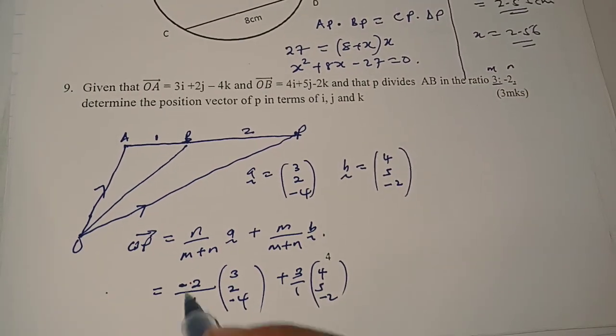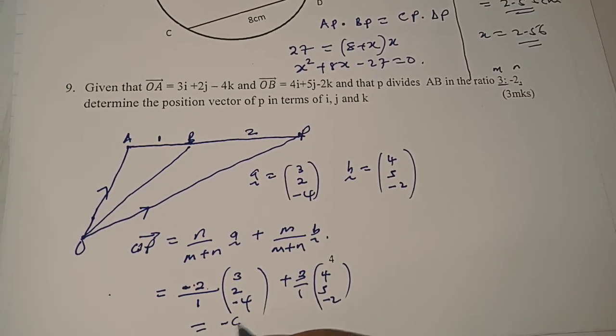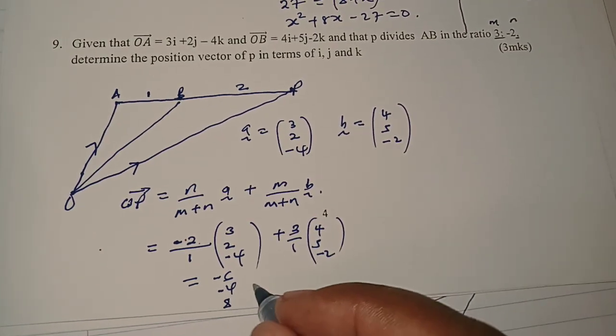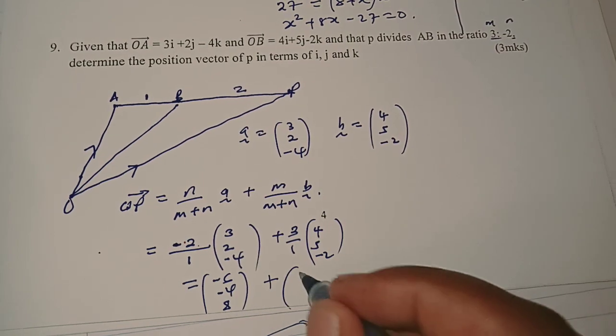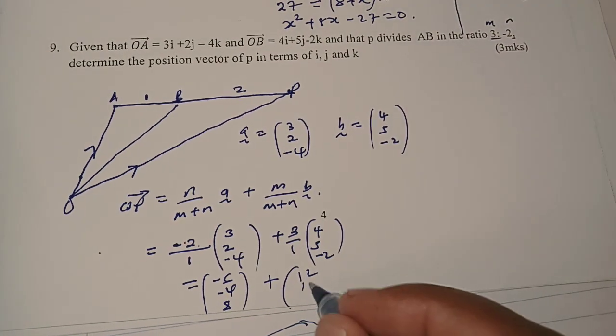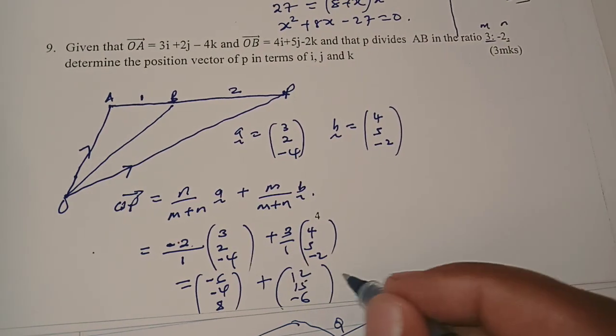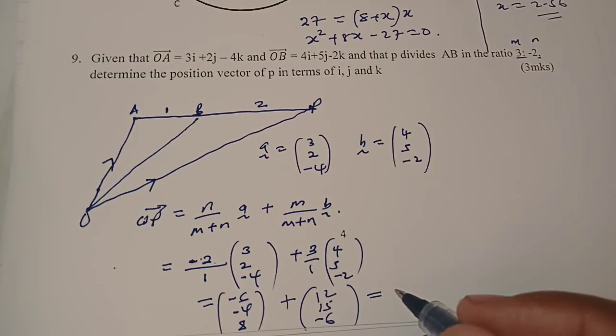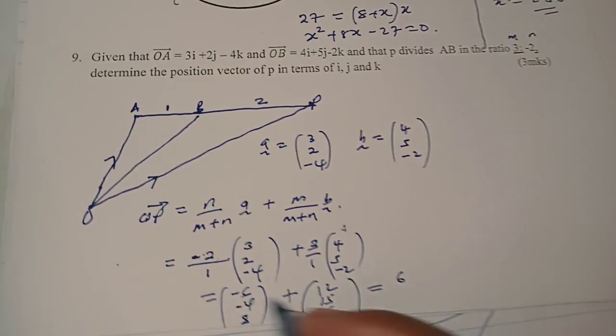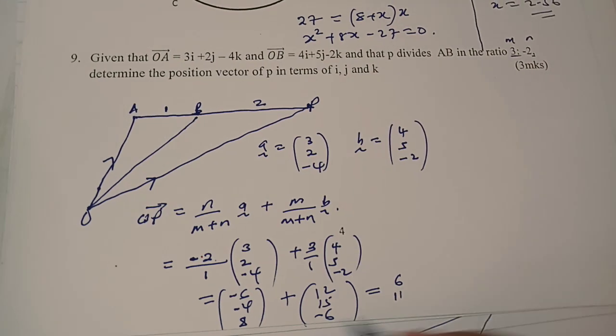So I now distribute negative 2, I'll get negative 6, negative 4, and 8 here. Then plus 12, 15, and minus 6. Okay, if you add these two, they're going to give us 6, this is 11, and this is 2.